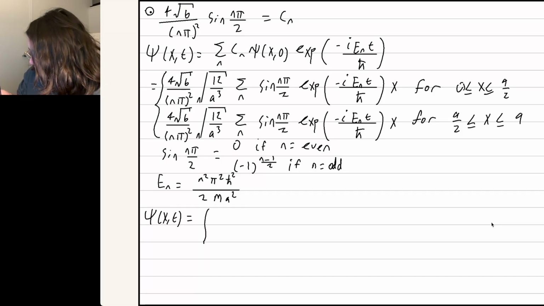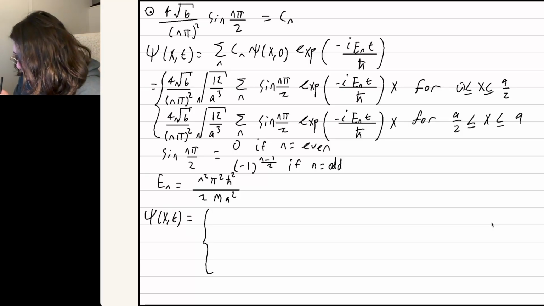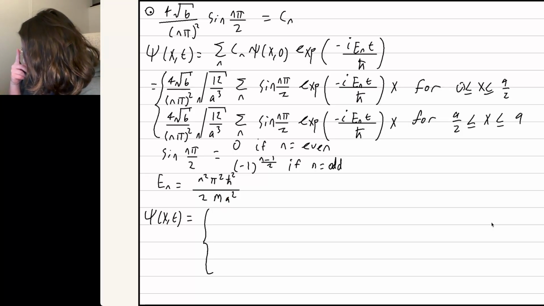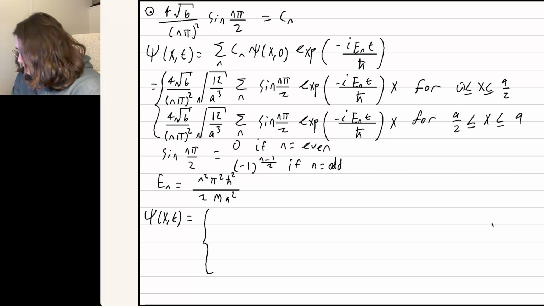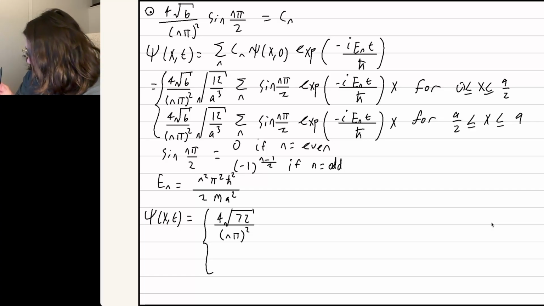First, I'm going to simplify the prefactor. So we have 4 times the square root of 6 times 12, which is, what is that, 72? Over n pi squared. And then you still have a square root of a cubed.